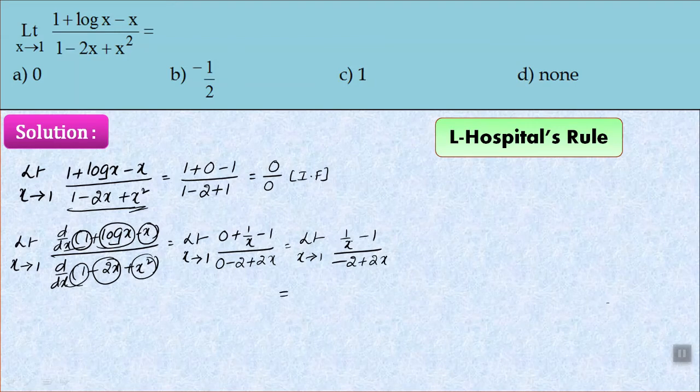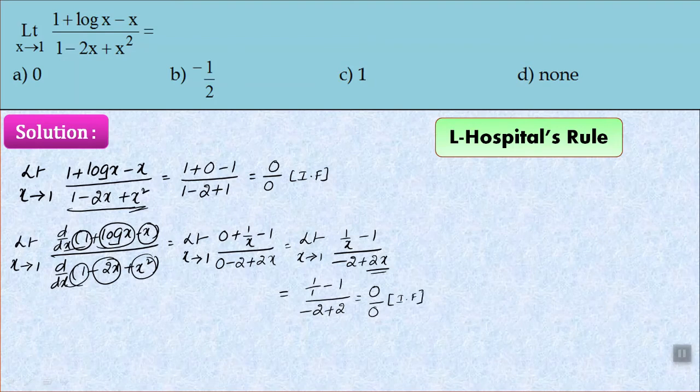Here we substitute the limit: 1 by 1 minus 1 divided by minus 2 plus 2 into 1, that is 2, is equals to 1 minus 1, 0, by 2 minus 2, which is 0. It is again an indeterminate form.